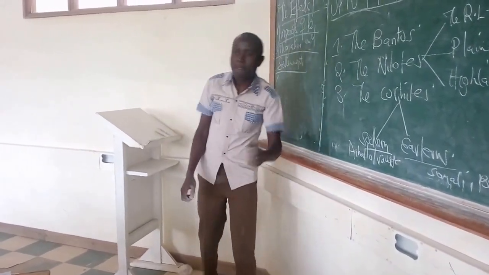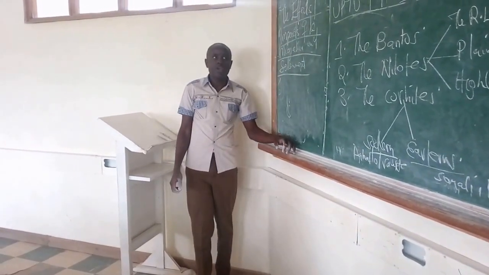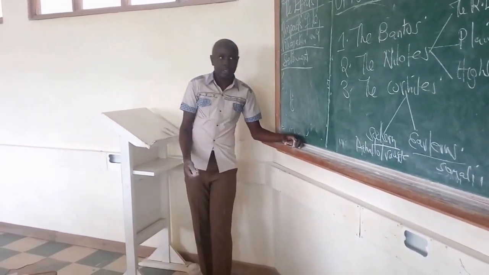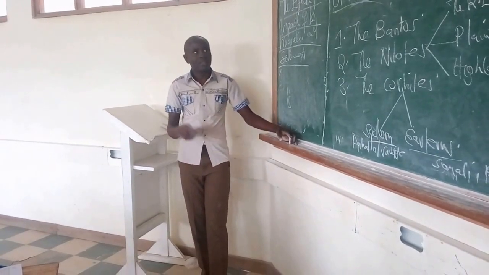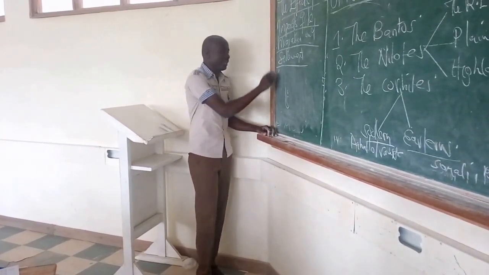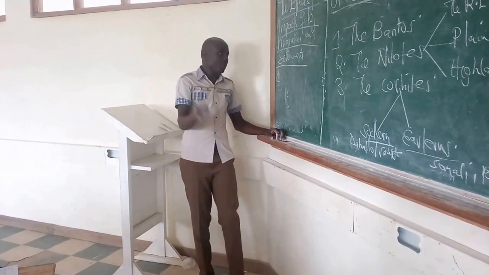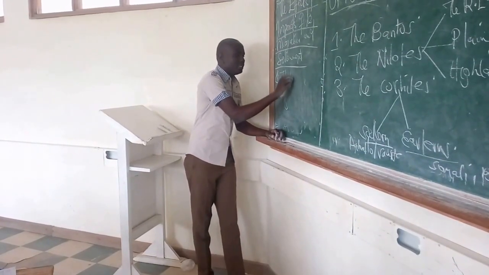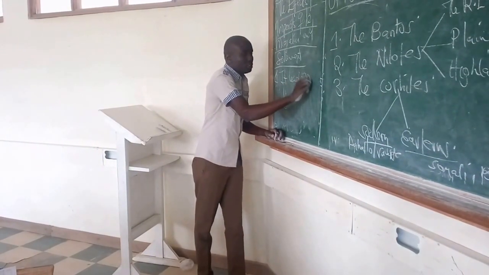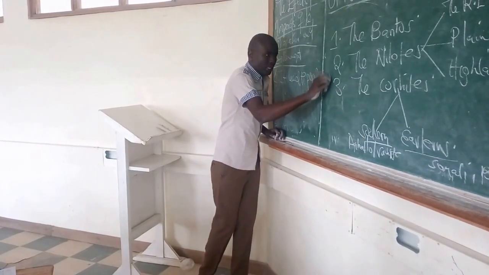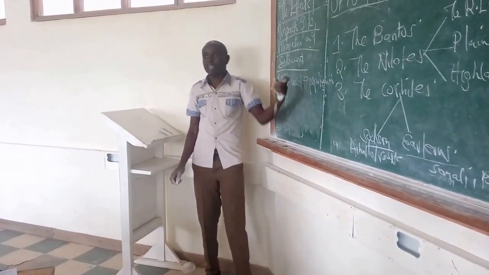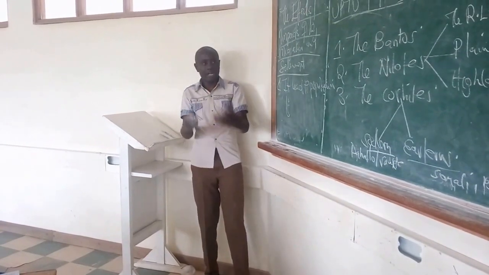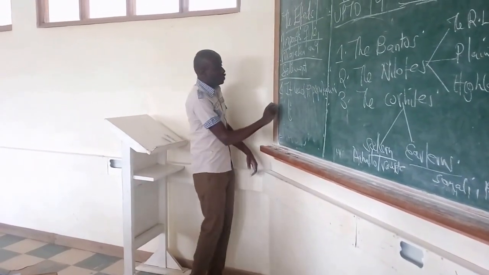These people moved from their original homelands and came into Kenya. And one of the impacts they had on the Kenyan land is that it led to population increase. In the Kenyan land, before they came in, there were people already settled there.